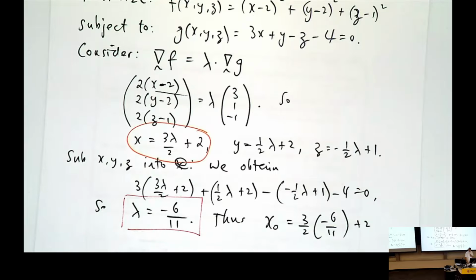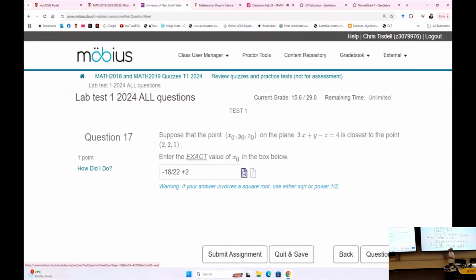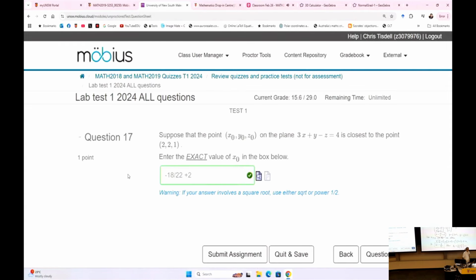Okay, so I can put that into Mobius. Mobius acts a bit like a calculator. So I don't need to simplify. Shall we test it? Hopefully I'm all right.